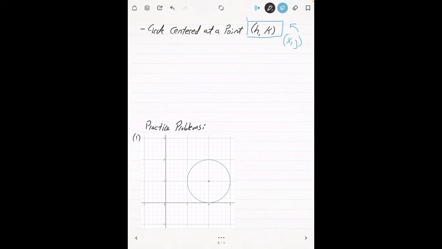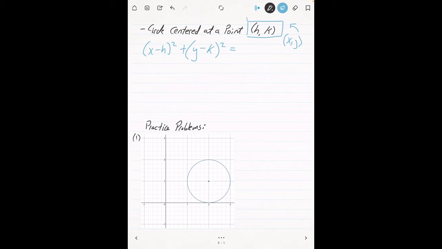Now, the equation for a circle that's centered at some point that's not the origin, it's going to look a little different, but we're going to try to connect it to what we did before. So here's the general equation. You have to take x and subtract the x coordinate for the center, and then you square that value. Then you add on the y component, but you have to subtract the y component from the center, and you square that value.